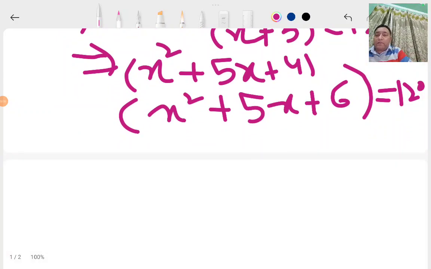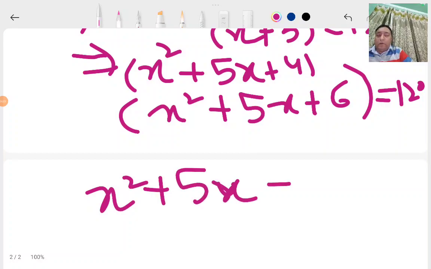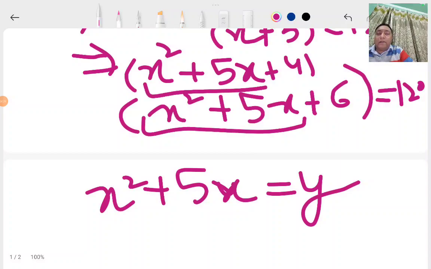When we have x square, suppose x square plus 5x is equal to y. Here is the trick, here is the logic. If we multiply directly x square with x square, we are going to make it x raised to power 4, which is really not possible for us to solve. So what smartness we are going to do, as this is common in both algebraic expressions, we are going to put this as y.